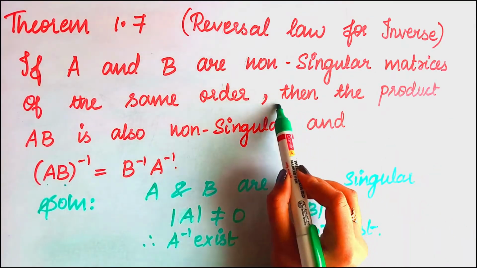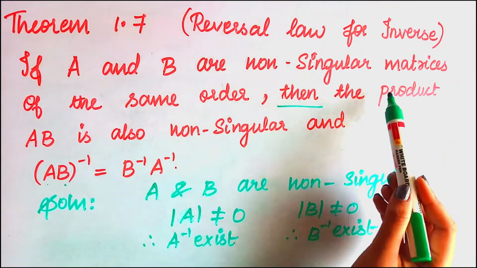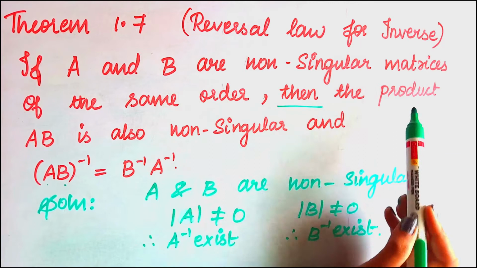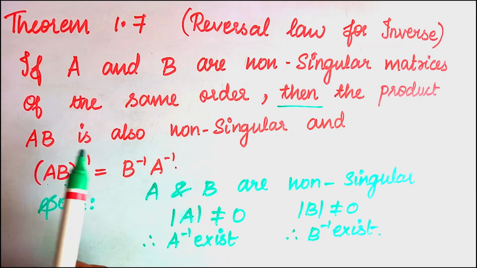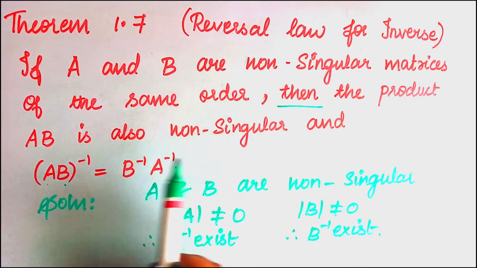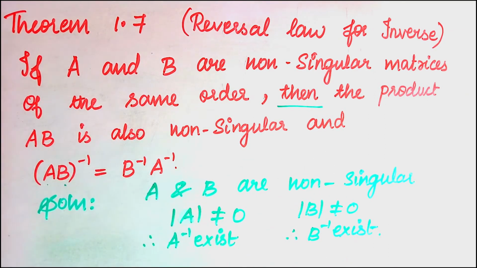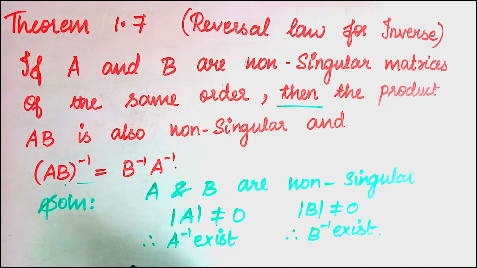After the word 'then', you have some things which you have to prove. So the product AB is also non-singular, and (AB) inverse is equal to B inverse into A inverse. So we have to prove two things here: AB is non-singular, and this equality.